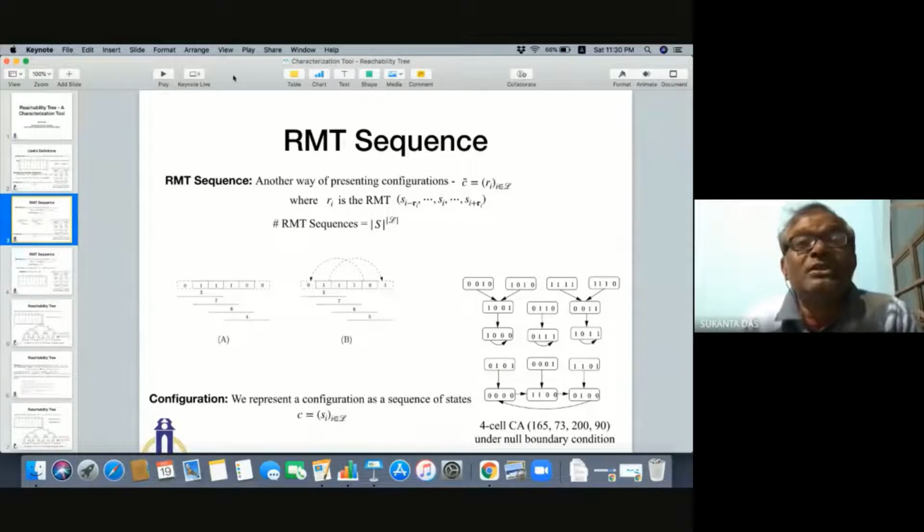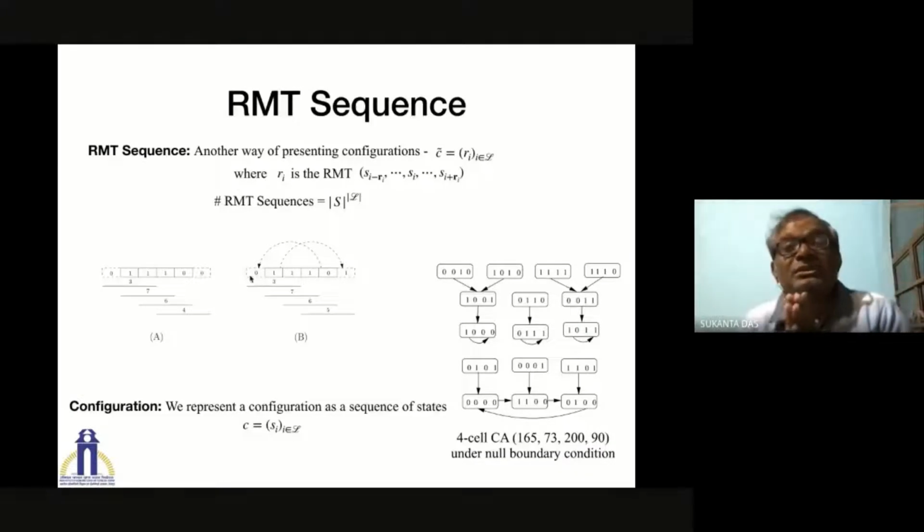One point I missed here. While discussing the RMT sequence, the boundary condition is important. Depending on the boundary condition, the RMT sequence will change.